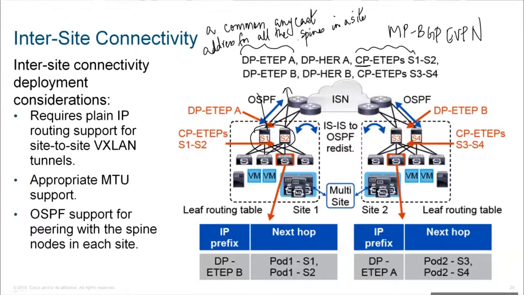I don't have space to write that, but the spines that are connected to the ISN. A common anycast address for all the spines in a site, so they can send unicast data traffic.